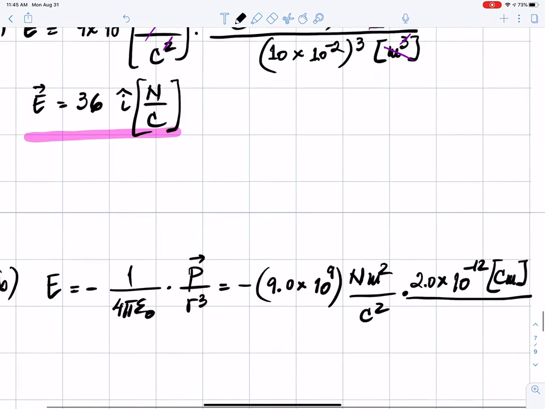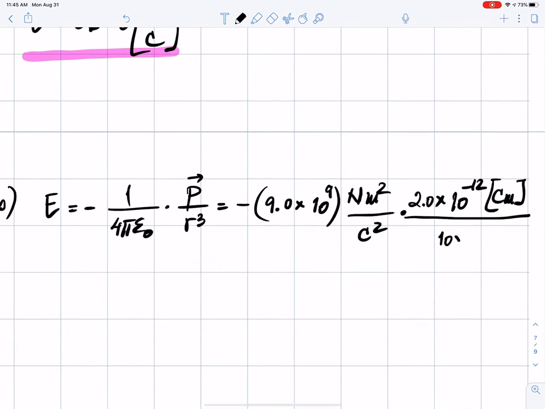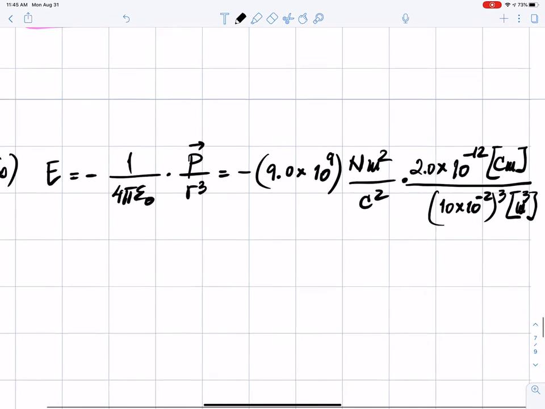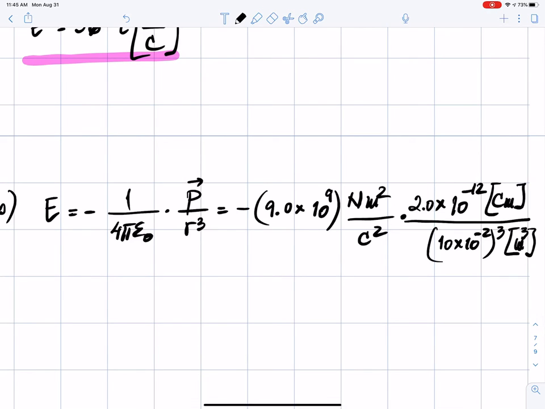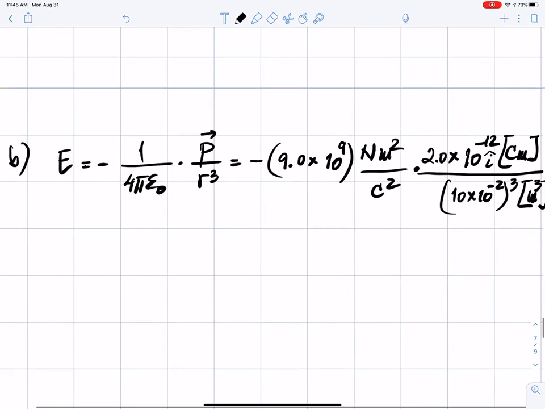Okay, and again, 10 centimeters, 10 times 10 to the minus 2. These are cubed. Put the units there, meter cubed. All right, and this was in i hat also. I'm going to squeeze it in here. That means in the end, it will come in the x direction.